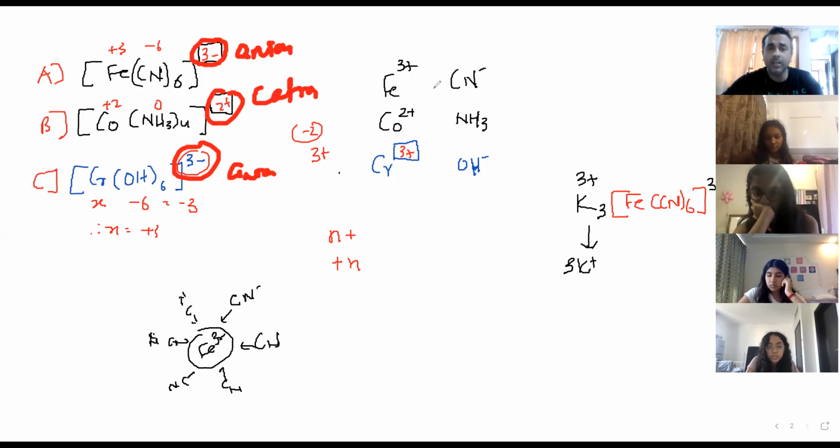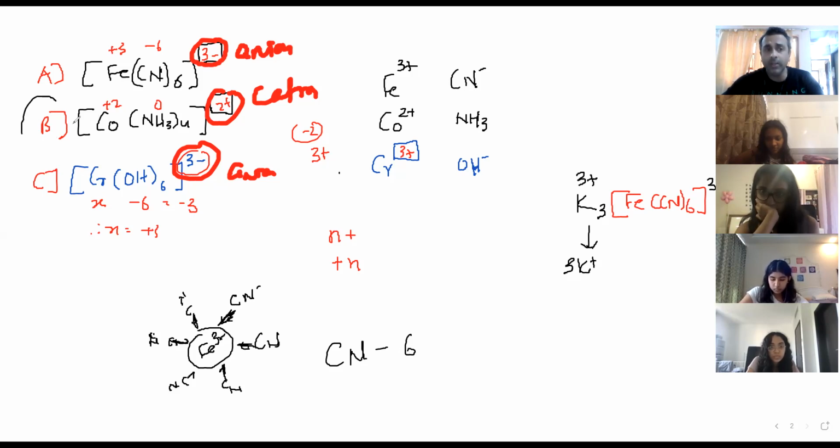You can see that there are 6 coordinate bonds formed. So there are 6 ligands and each ligand is forming one coordinate bond, which means there are a total of 6 coordinate bonds. So the coordination number over here is 6.